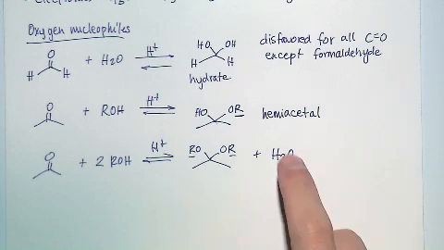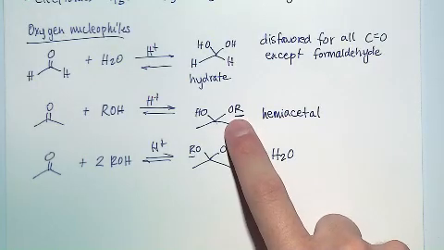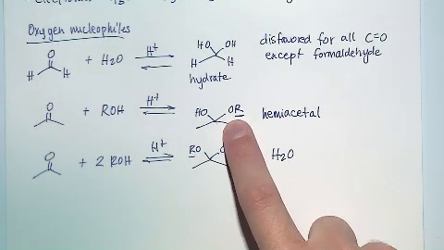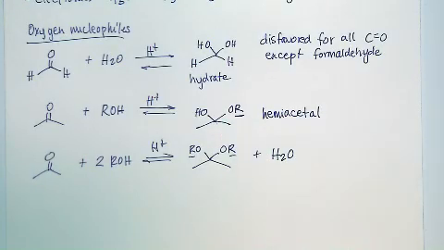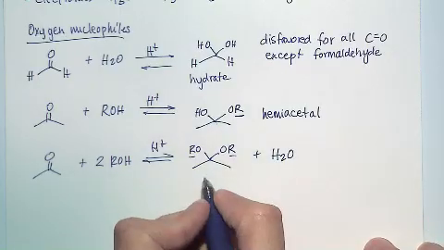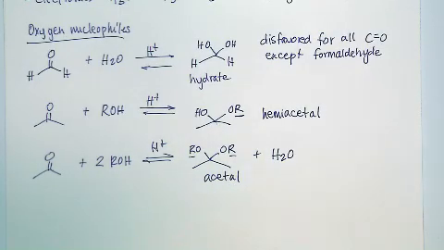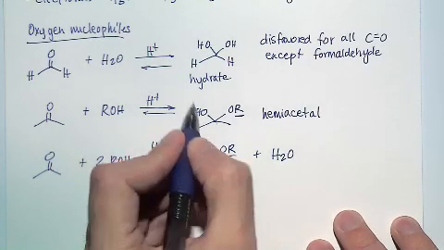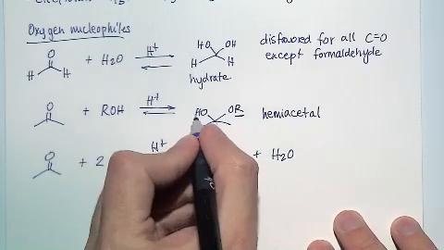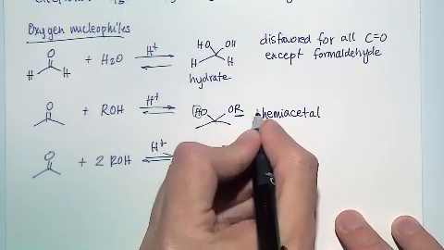Okay. A hemiacetal has one group with an R. And if you have two groups, well, it's not partially an acetal. It is an acetal. Okay, the easiest way to remember the difference between these two is hydrogen, hemi.